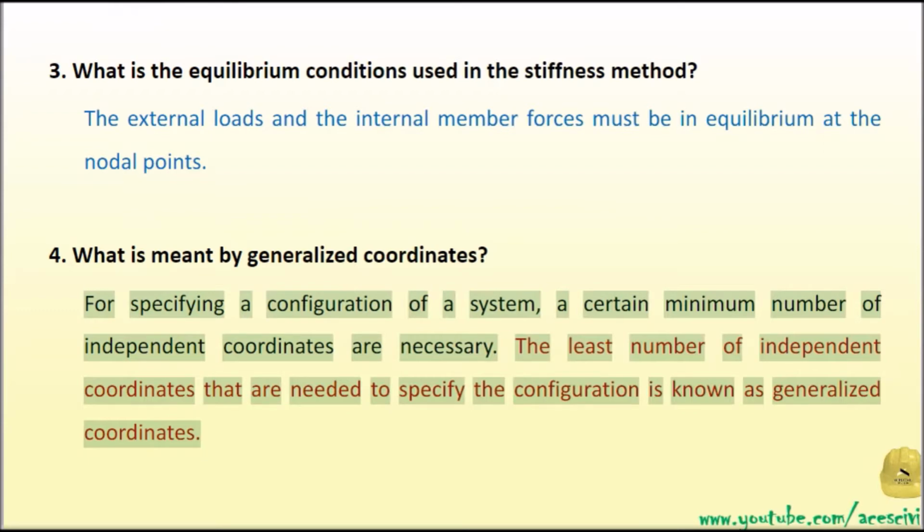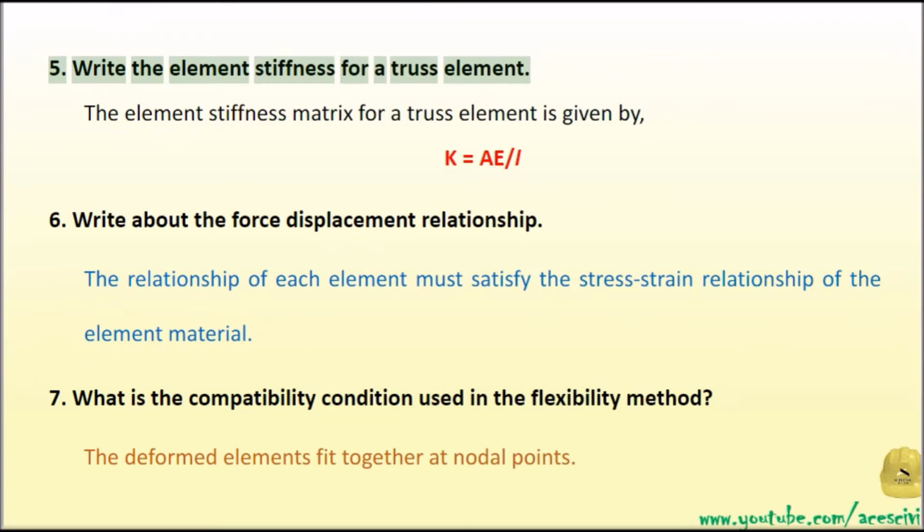The least number of independent coordinates that are needed to specify the configuration is known as generalized coordinates. 5. Write the element stiffness for a truss element. The element stiffness matrix for a truss element is given by K equals AE/L.